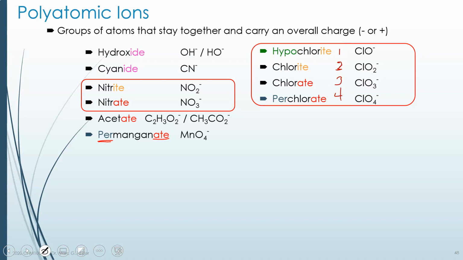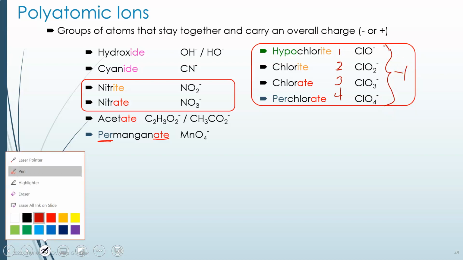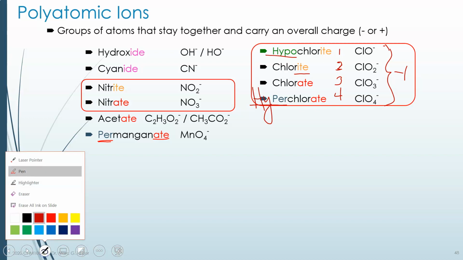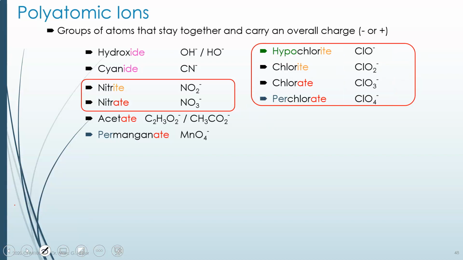But you'll notice the charge is exactly the same. They're all a -1 charge. And when it's less than the chlorite, we say hypo. Remember, hypo and hyper are opposites. Hyper means extra. Hypo means too few or lower. It's the same root words that you might have learned in your medical terminology class.